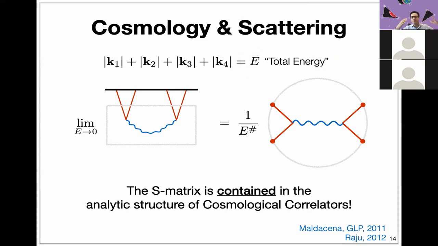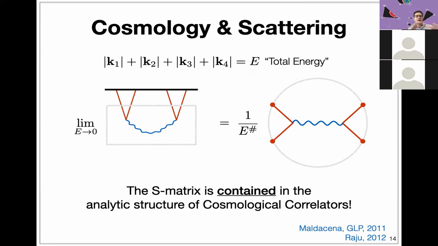It's not physical in the sense that I can't probe this limit in the sky, but I can take the formula and go to these limits of unphysical momenta, and then I'll see the cosmological correlator diverges. But the exciting thing is that the coefficient, the residue in front of the divergence, has a nice physical interpretation.